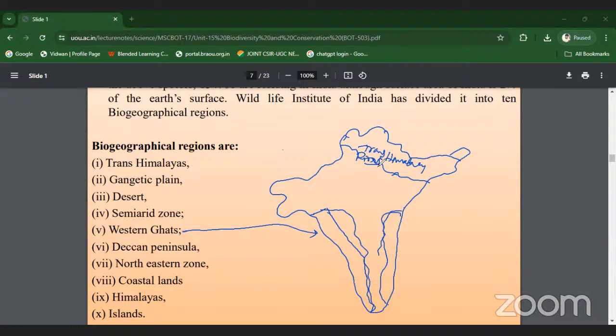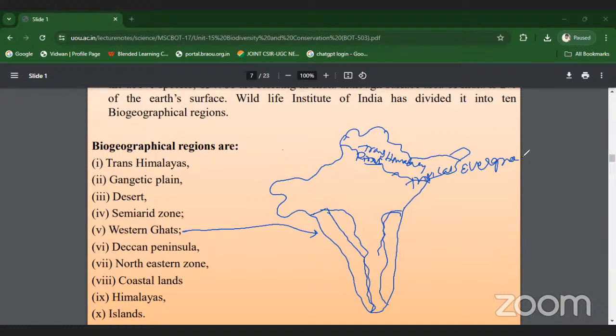Most of the gymnosperms are found in that area. The Eastern Himalaya covers tropical evergreen, tropical grassland, subtropical temperate and subalpine forest. Here mainly Dipterocarpus, Shorea robusta, some ferns and lichens are found.